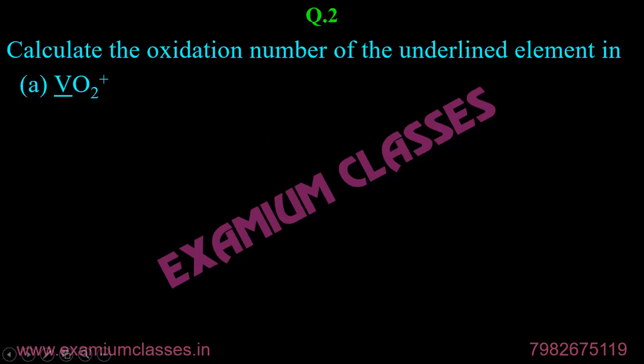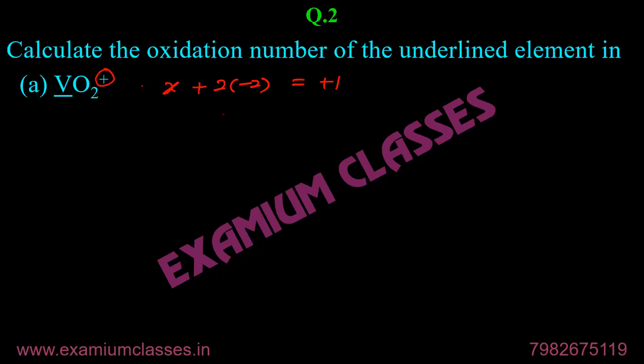Next question. Calculate the oxidation number of the underlined elements. Now these are easy ones. If you calculate this one, X plus twice of -2 equals +1, because you have a +1 charge.